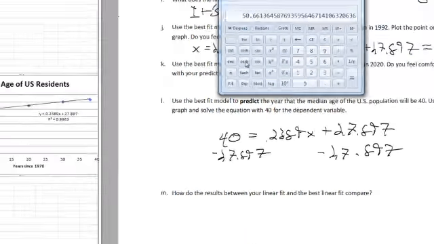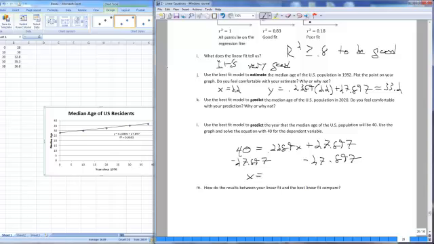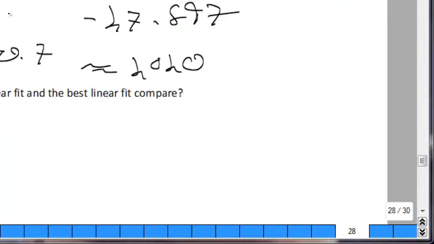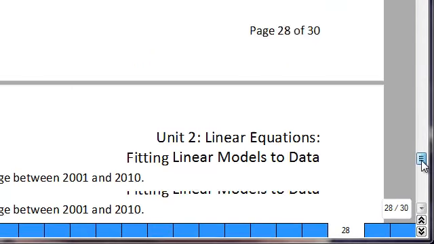So x equals 50.7. What does that mean? That means years since 1970. So I need to do 50.7 plus 1970. So that means approximately 2020.